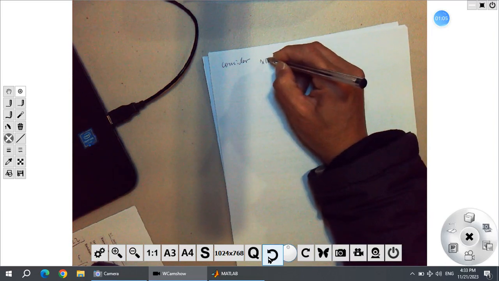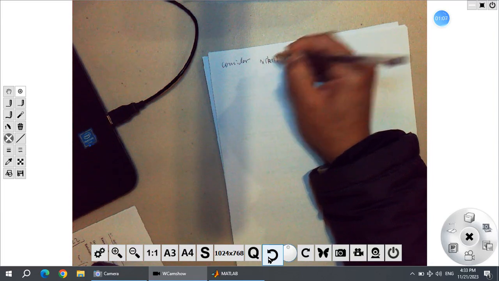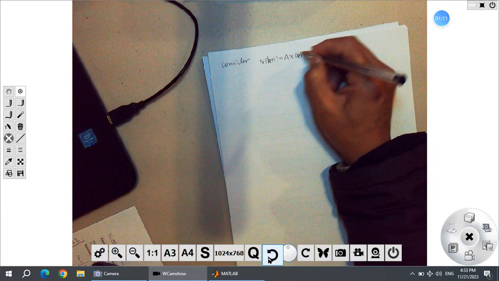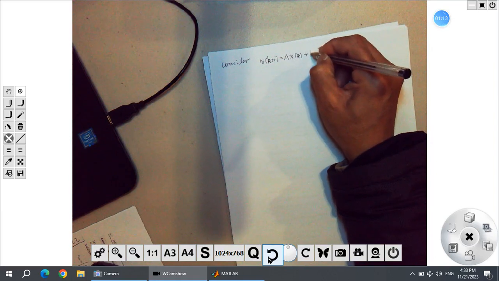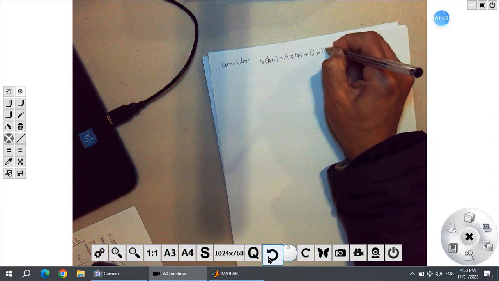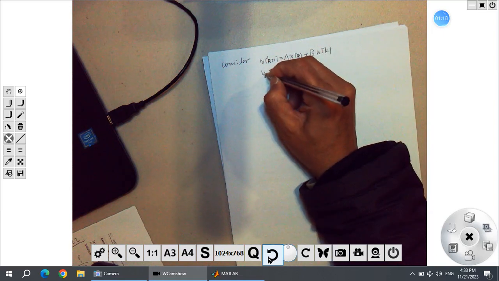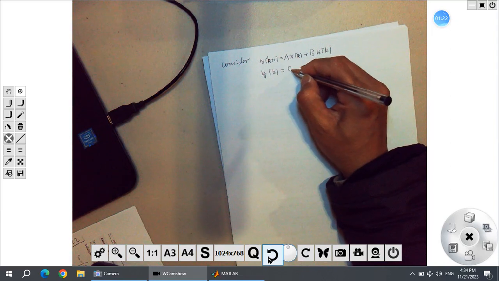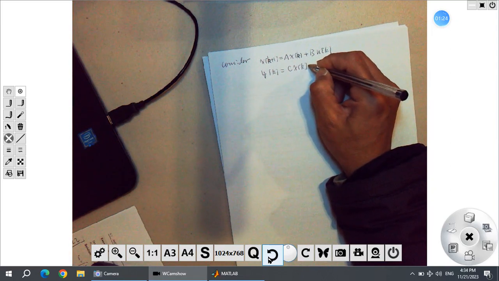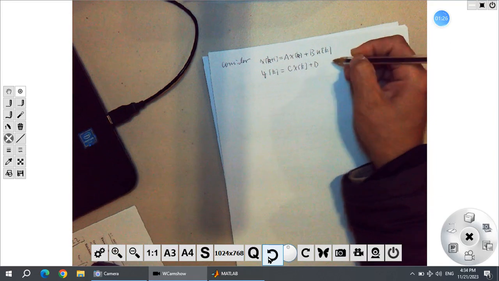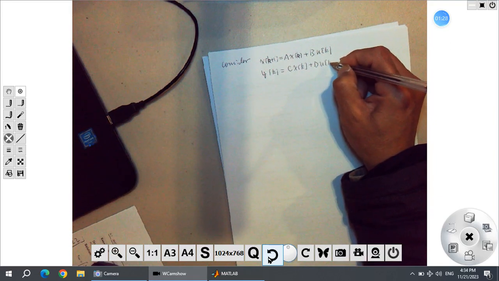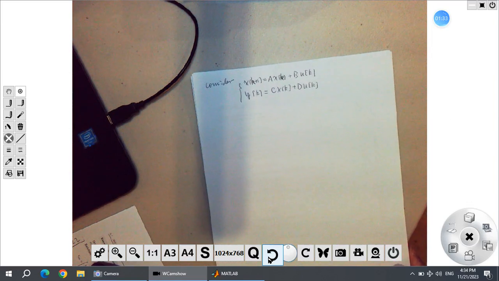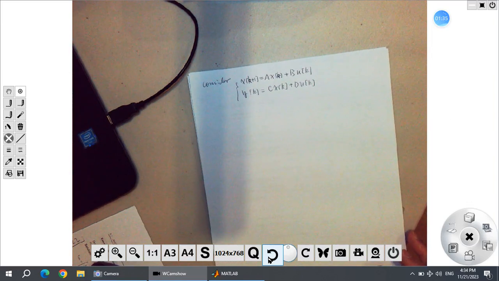Let me use k here, and n we can use for the dimension of x. This is a discrete time system in state space.